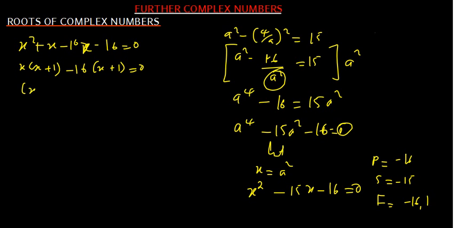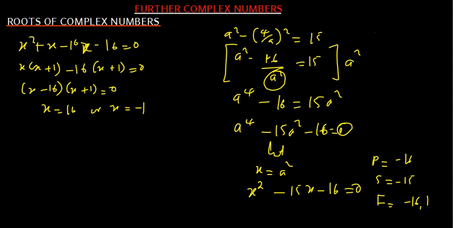So this will give us x minus 16, x plus 1 is equal to 0. So this is going to give us x is equal to 16, or x is equal to negative 1. Those would be the values of x.